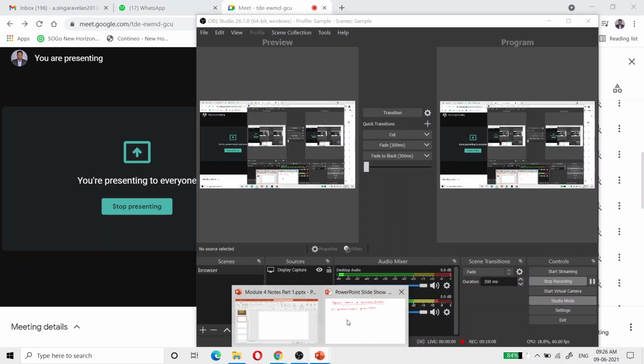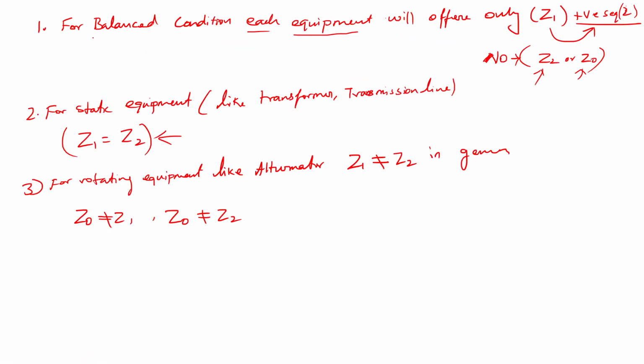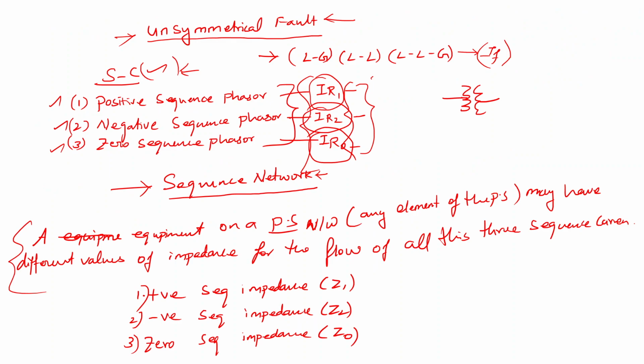Okay, so my question is very simple. What is Z1 here? We know Z is the synchronous generator's sequence impedance. What is 1? Z1 is the positive sequence impedance.